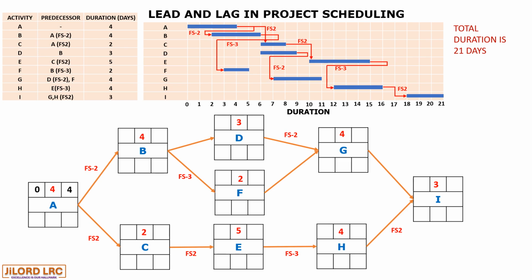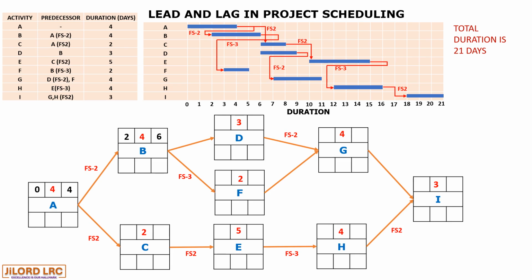It means it will commence earlier than the completion of activity A. So instead of the early finish being the early start for activity B, we are going to minus it by 2. So the early start of activity B becomes 2. And when you add that to 4, you get 6 as its early finish.